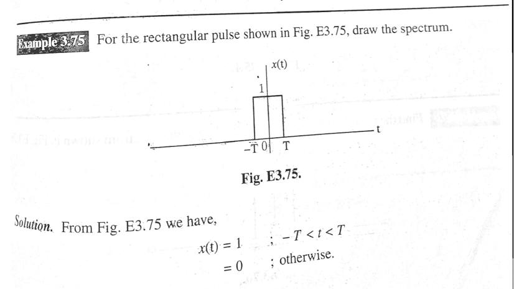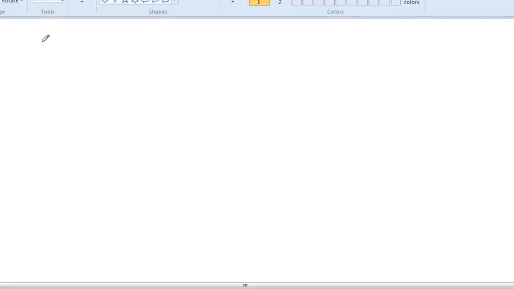Now when we are given a signal, how do we write this signal? We write the signal as x of t equal to, as the given signal is in this fashion. It is a rectangular pulse in this fashion.